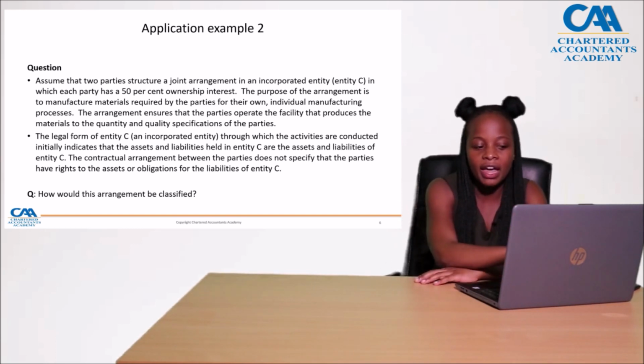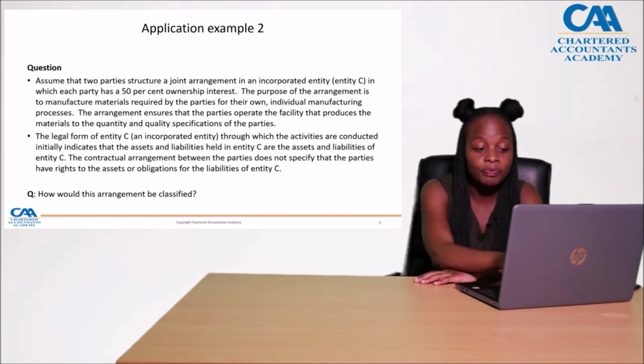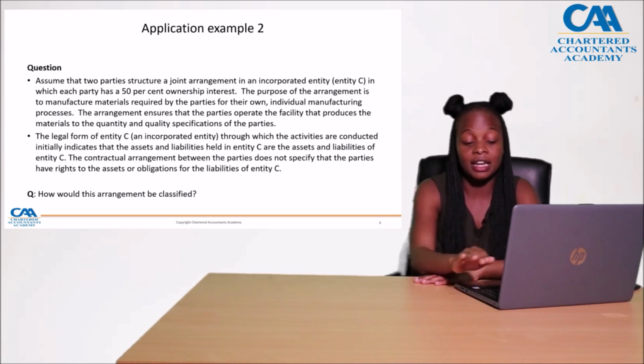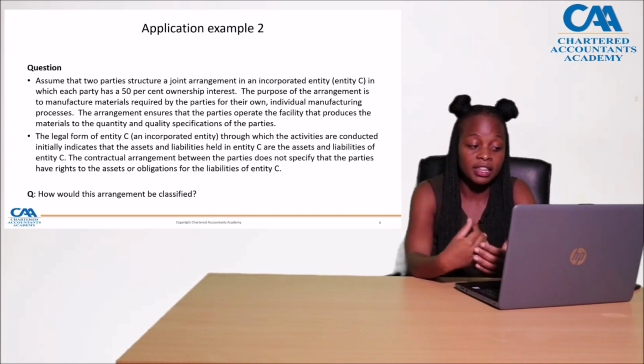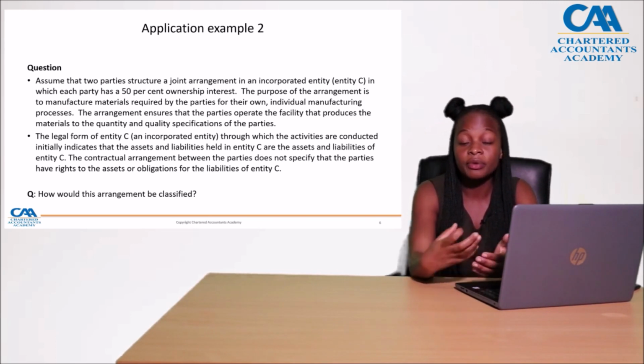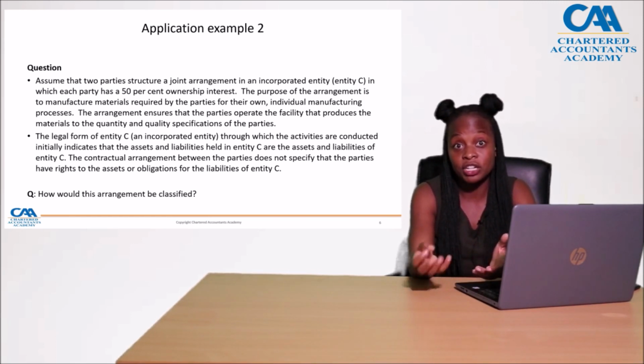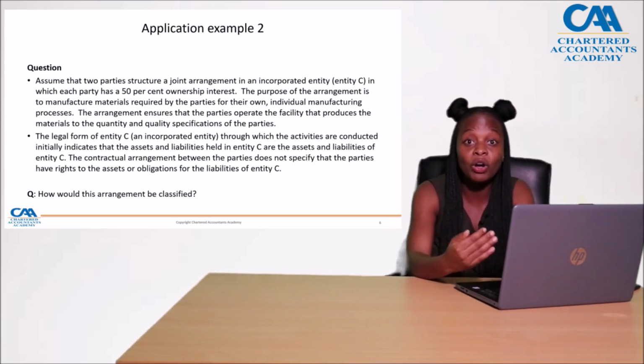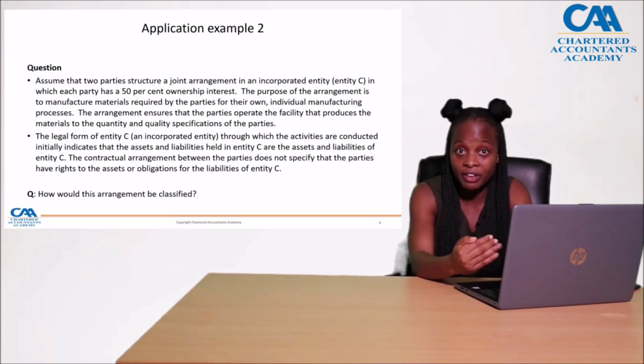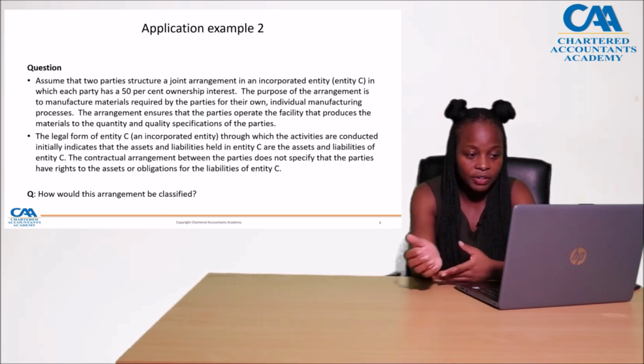Okay, fine. So the legal form through which the activities are conducted initially indicates that assets and liabilities held in C are the assets and liabilities of C. And in the absence of the above information, it would make it a joint venture. But because of the information we have above, it's actually a joint operation.